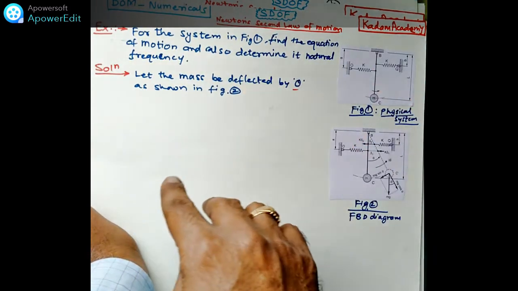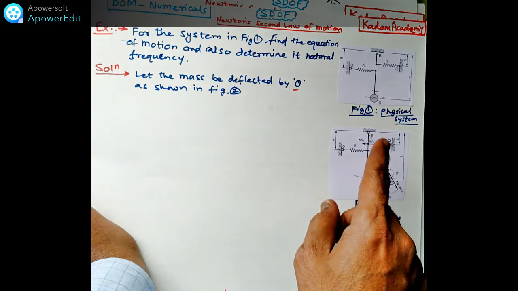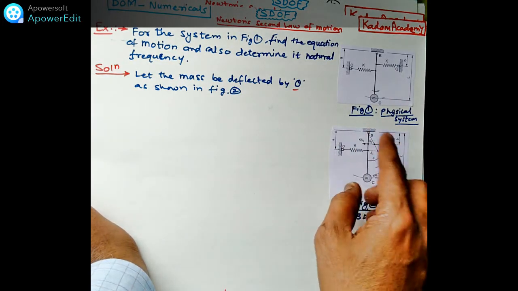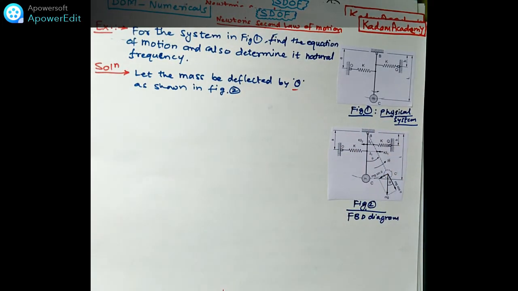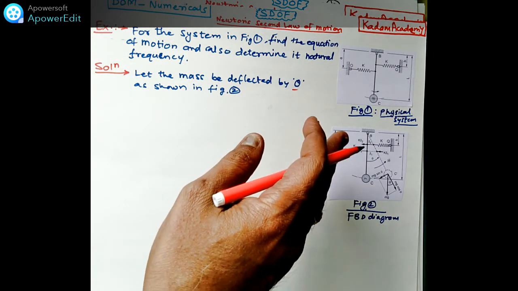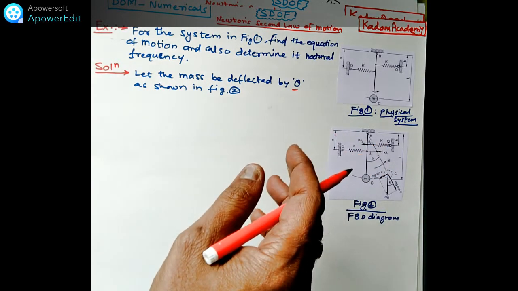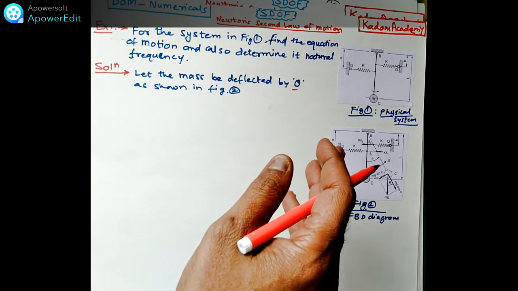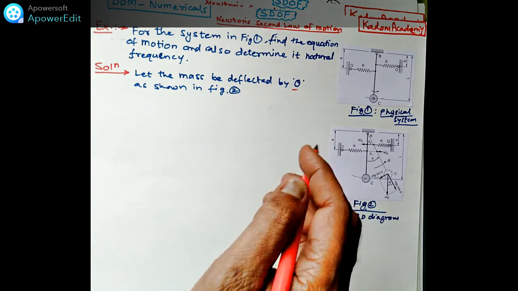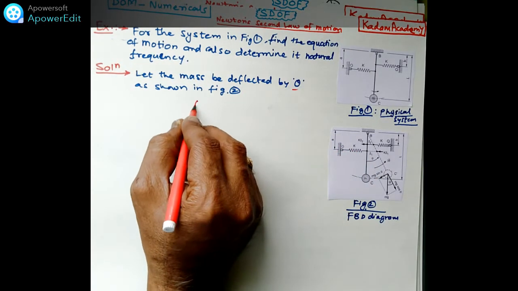In the previous numerical, one deflection; in this numerical, two deflections. Just adding these equations we can get the value of Fn. Solve this numerical yourself, get the value of omega n from this equation. Or I will write the answer here directly.